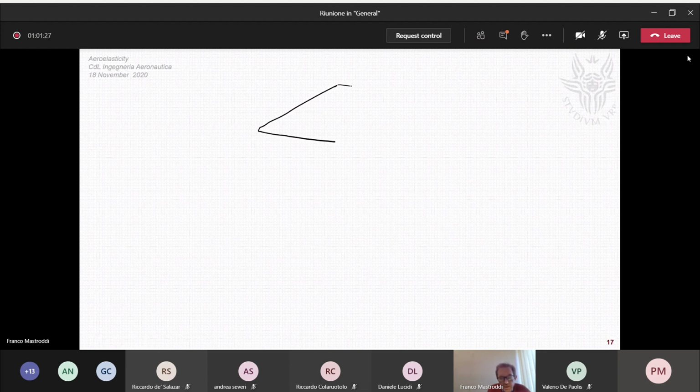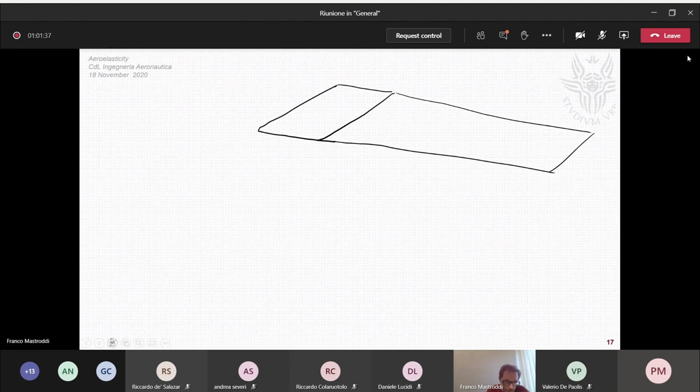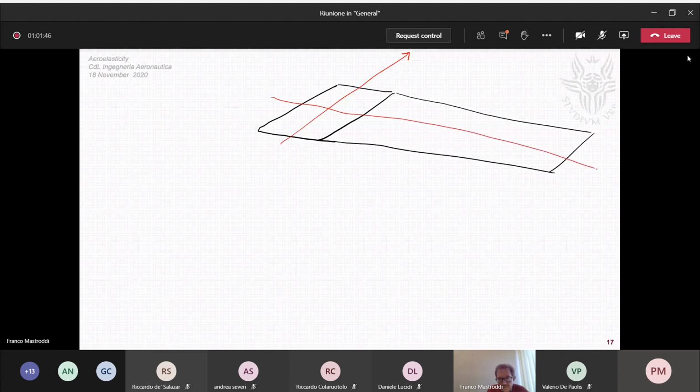Now the wing is a surface, and this is the wake. Okay, and these are our reference axes. This is the x-axis and the y-axis and the z-axis. But now, as you can see, the body has zero thickness.